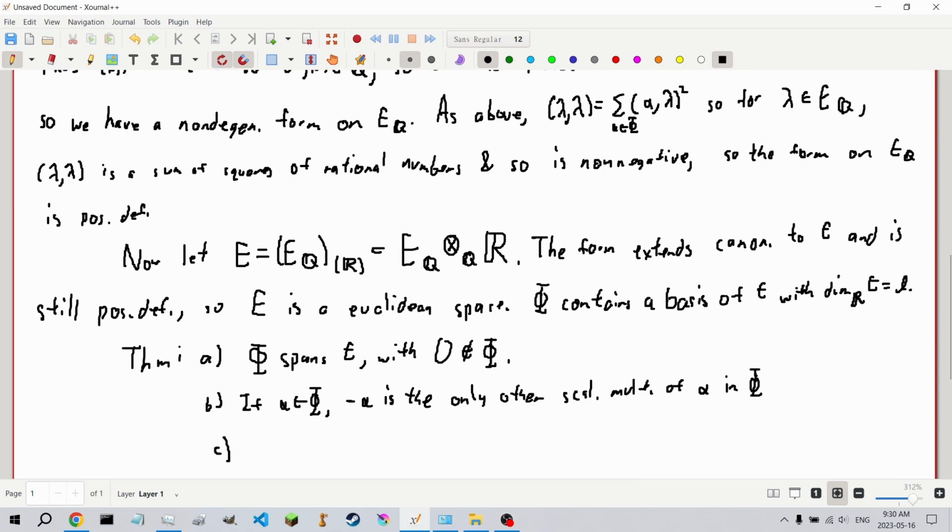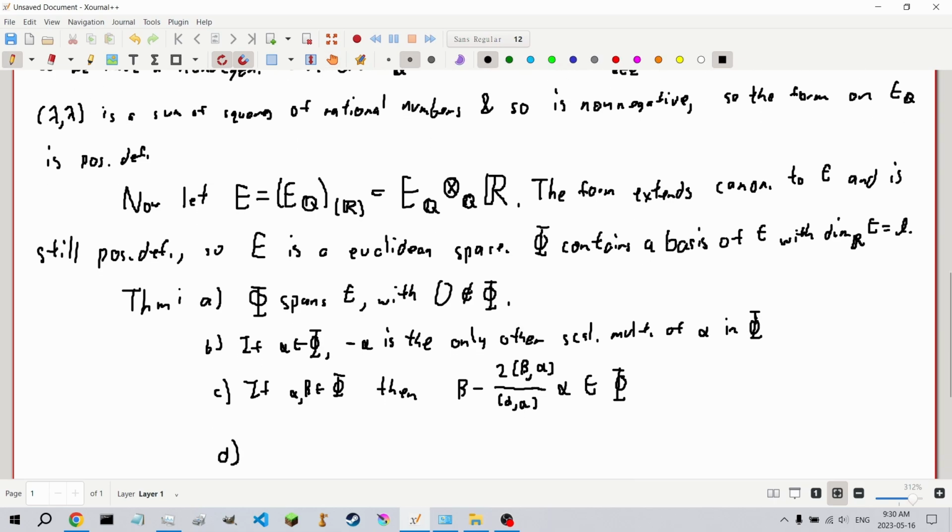C, if we have two roots, alpha and beta in phi, then beta minus 2 times the bracket of beta with alpha over the bracket of alpha with alpha, times alpha, is a root.